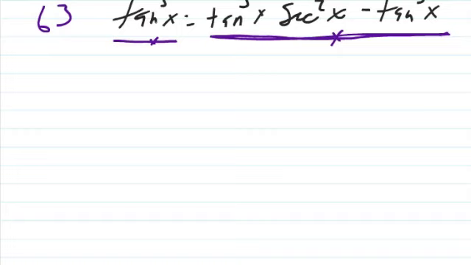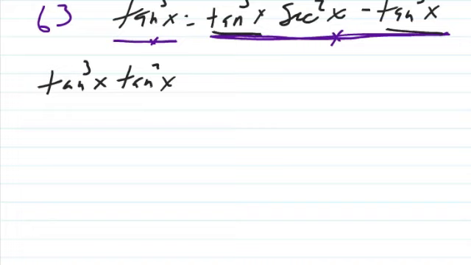So here we're going to use one of the techniques from the Pirates Code. We're going to look at what we have and then what we want. And we notice that we have this tangent cubed that we want as a result. So let's take tangent to the fifth and split it into tangent cubed x and tangent squared x. The two powers, the exponents, have to add up to 5, so if we factor out a tangent cubed, then we're left with a tangent squared to make tangent to the fifth.